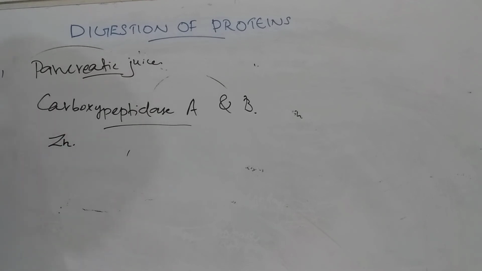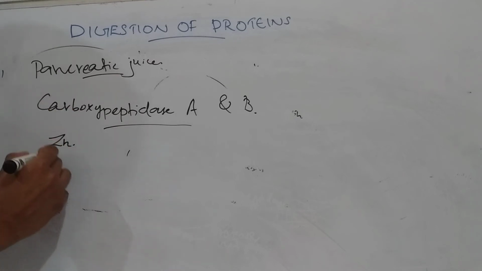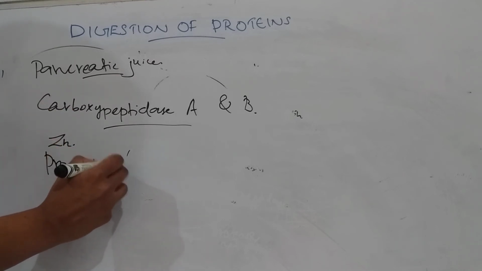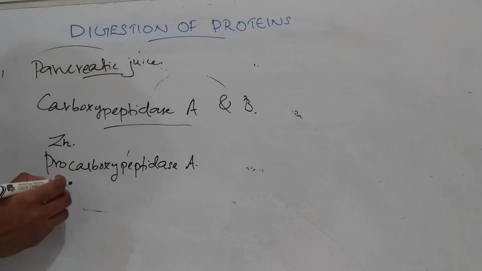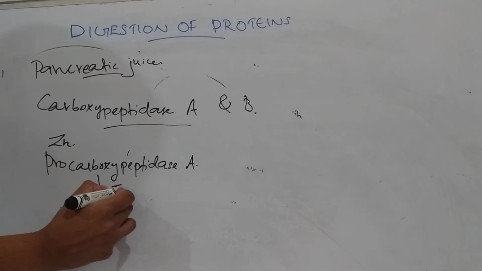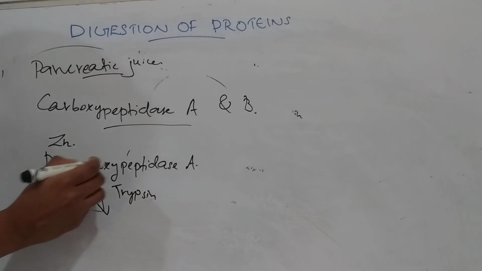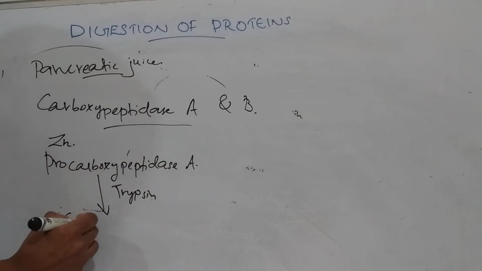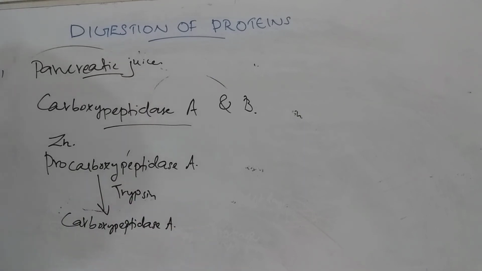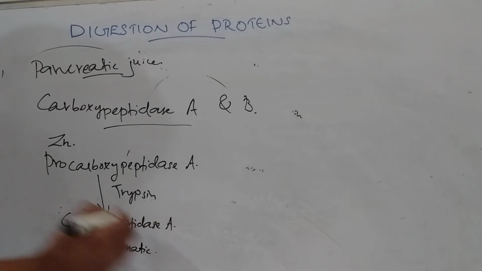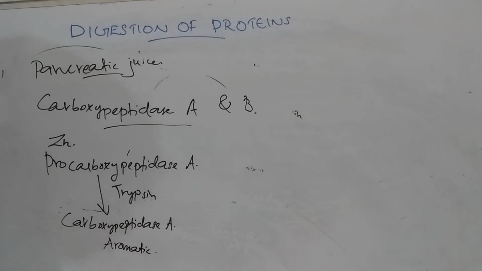It is secreted as an inactive zymogen, procarboxypeptidase A. And trypsin converts inactive procarboxypeptidase A to the active form, carboxypeptidase A. This carboxypeptidase A can act on the carboxy terminal or C terminal peptide bond of aromatic amino acids like phenylalanine, tyrosine, tryptophan.